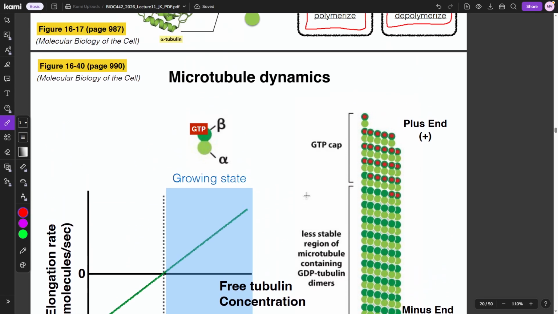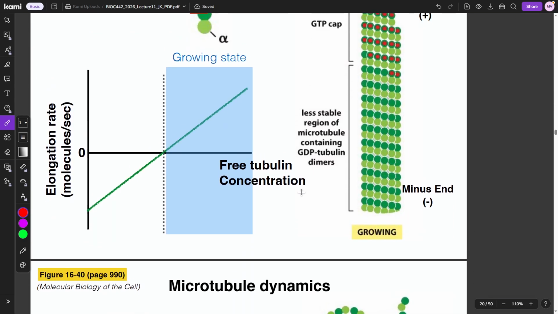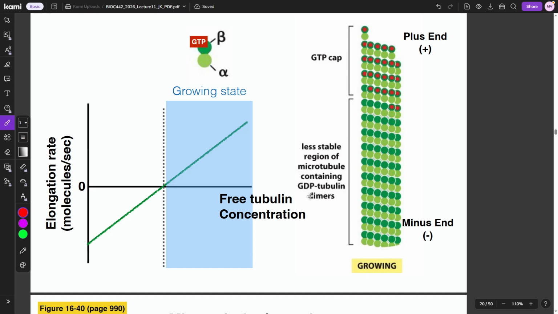All right. So, an interesting thing about microtubule dynamics is that it's actually kind of linear. Basically, the more free tubulin you have, the more elongation occurs, so the higher the elongation rate is. And so this point here, where it's 0, is basically this point of steady state equilibrium, where the free tubulin concentration is just enough where the depolymerization exactly counteracts the polymerization, if you will.